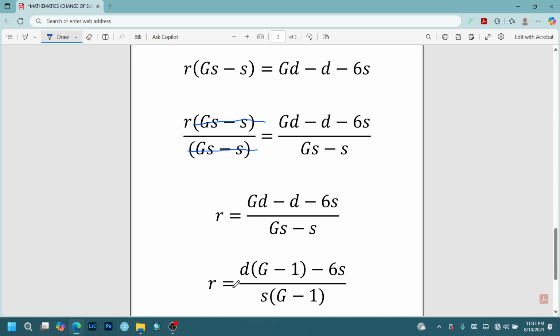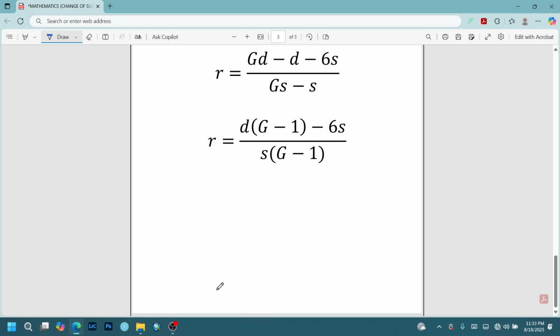So that explains it here. So we are going to have our final equation to be R equals the fraction D multiplying J minus 1 over S multiplying, in brackets, J minus 1, right?